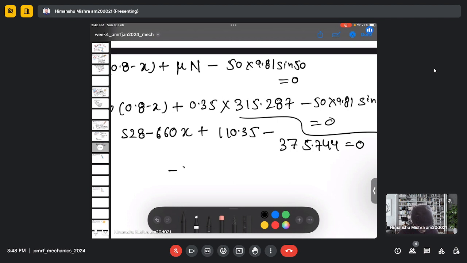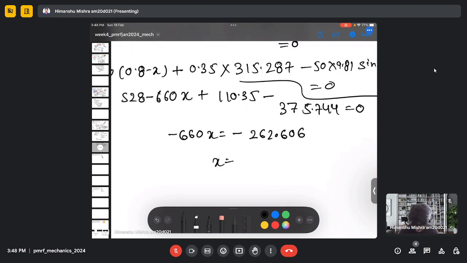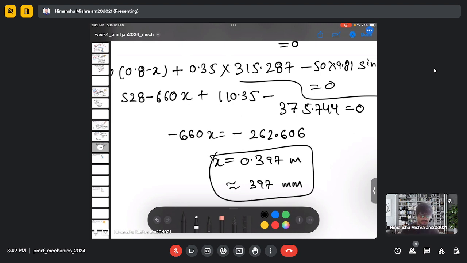So here we have 660x equals minus 262.606. So x will be 0.397 meter or 397 millimeter. So this is the value of x.